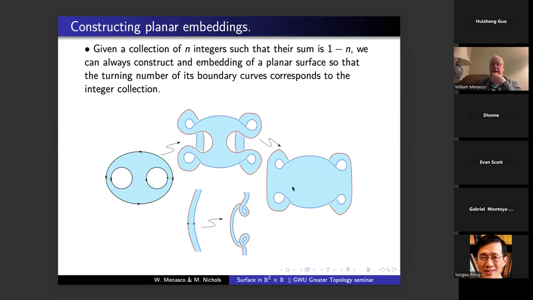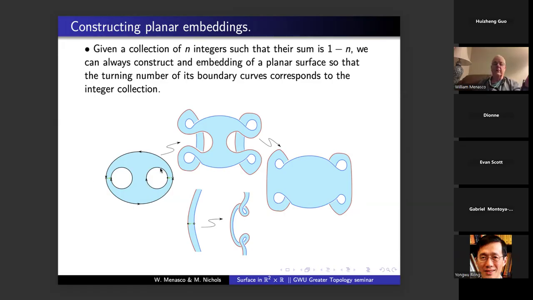And then if you check it out, you see that the turning number of this curve right here is plus 1, and the turning number of this curve now is plus 1, but the turning number of this curve right here, which used to be the outside curve over here, is minus 3. So you've got minus 3 plus 1 is minus 1. So that works.